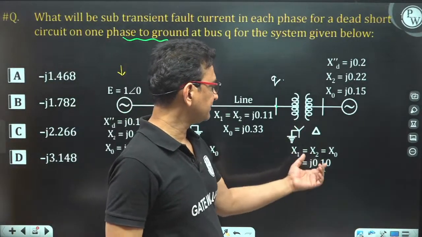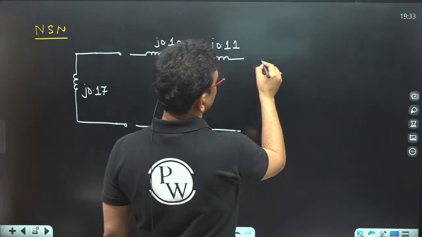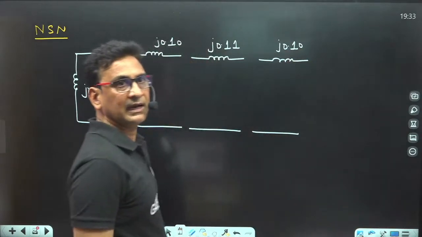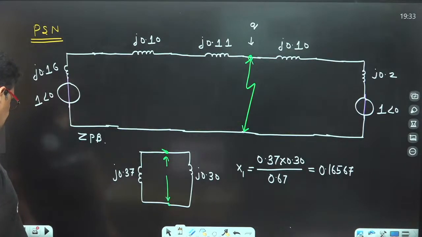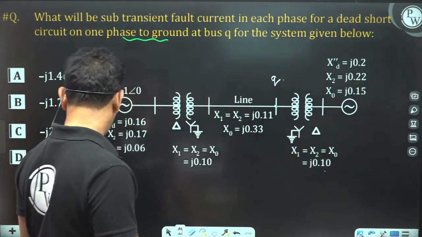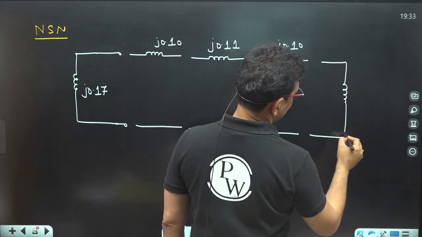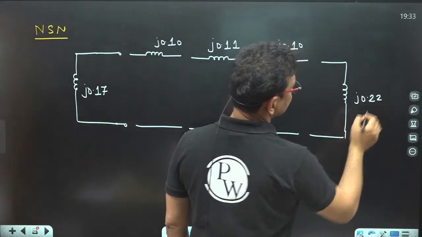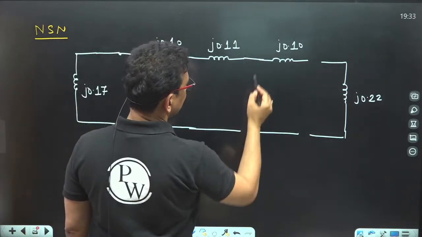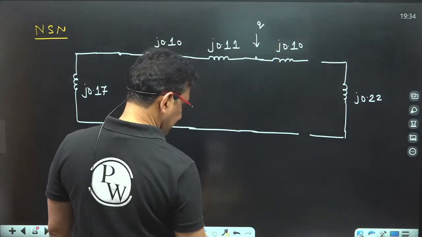Now, the negative sequence reactance of this is J 0.10, and the negative sequence network for this synchronous machine has a reactance only of value 0.22. The negative sequence network does not have any source. Clear? So this is the overall negative sequence reactance diagram. Here we have a Q point, so the fault occurs here.